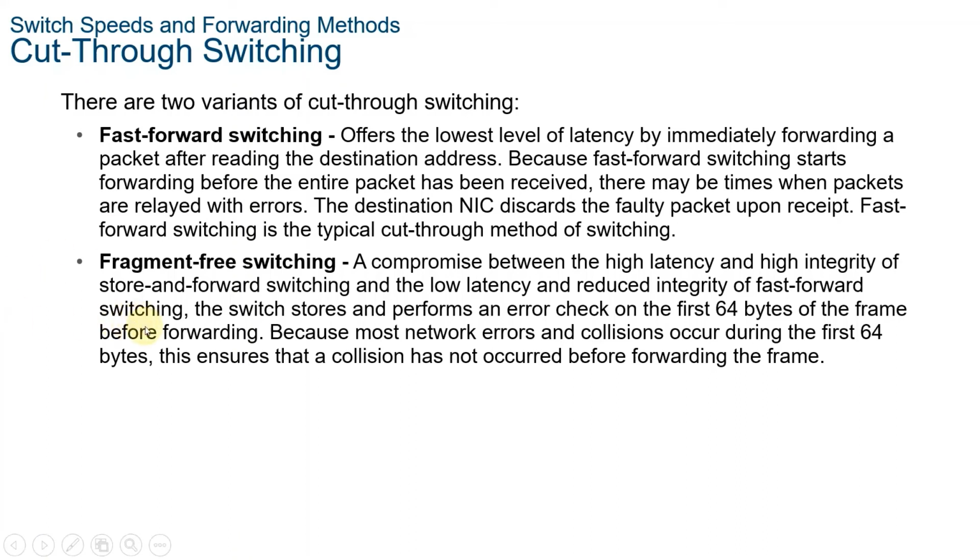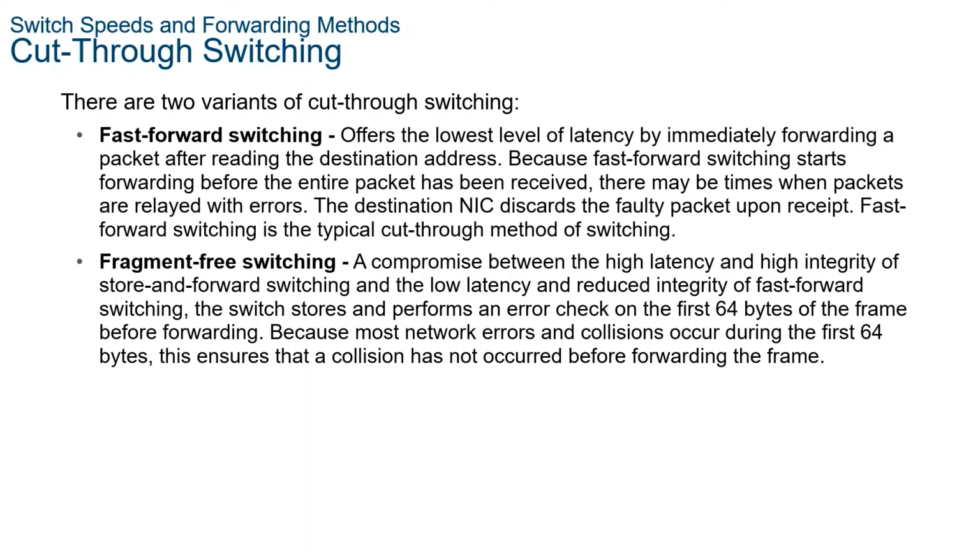Fast-forward switching is a typical cut-through method of switching. The second one is fragment-free switching. In fragment-free switching, the switch stores the first 64 bytes of the frame before forwarding. Fragment-free switching can be viewed as a compromise between store and forward switching and fast-forward switching.